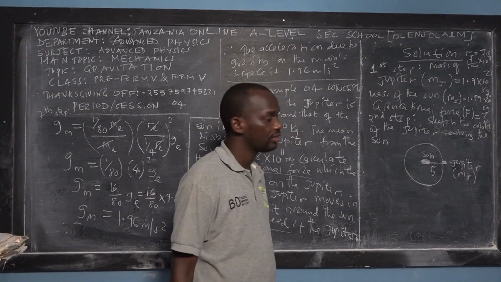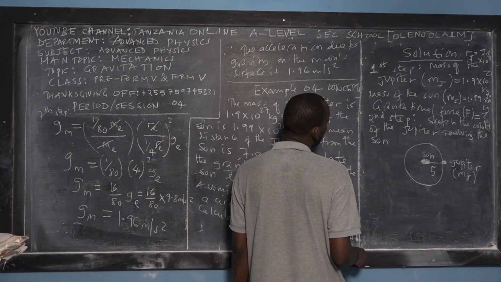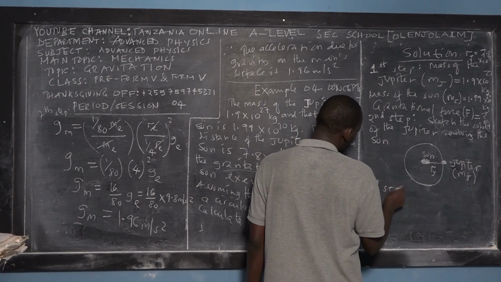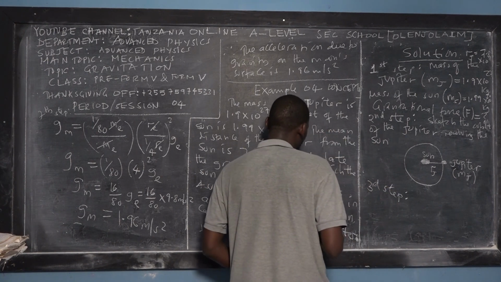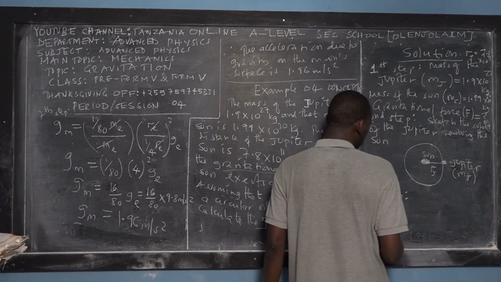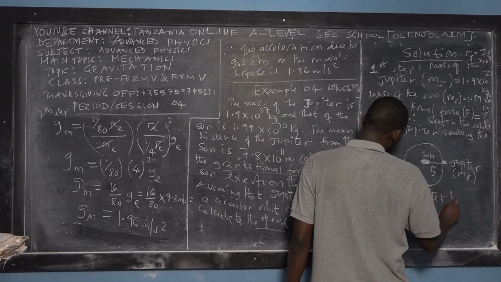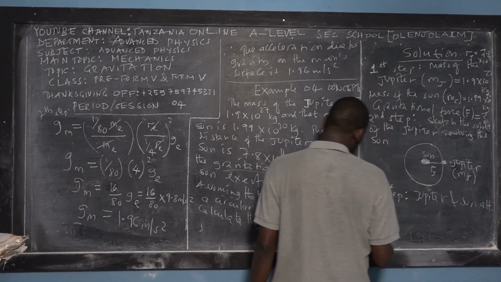Alright? So if this is the case, we go for the steady state. In the steady state, we say that Jupiter and the Sun attract each other.